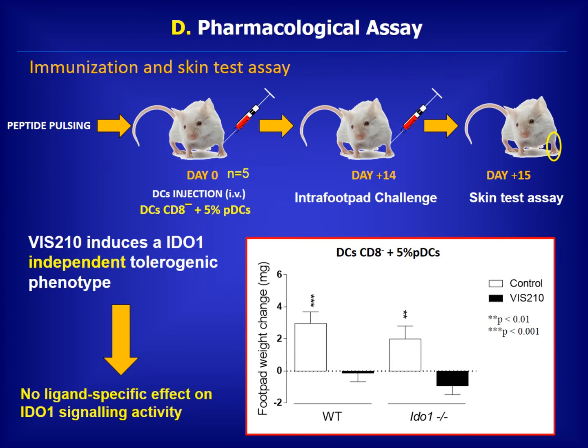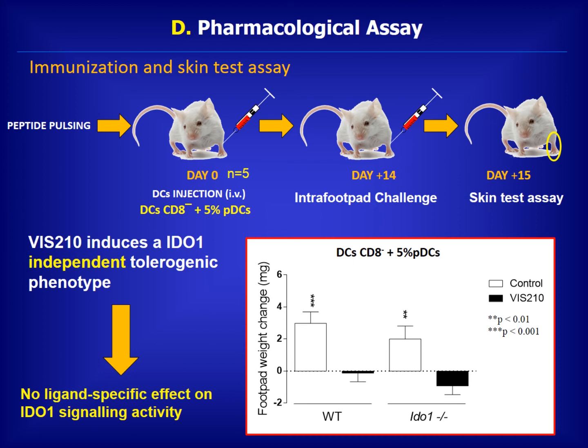At the end, we performed a delayed type hypersensitivity test to understand what was the final effect of our best compound, BIS-210, in vivo. As we can see in the graph, BIS-210 can stop the inflammatory reaction induced by immunogenic peptide administered to female mice.